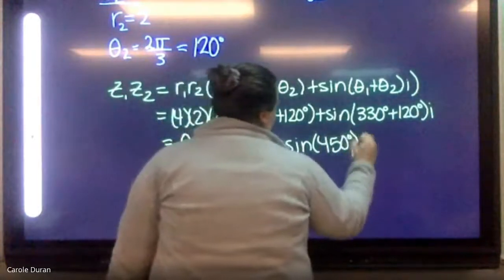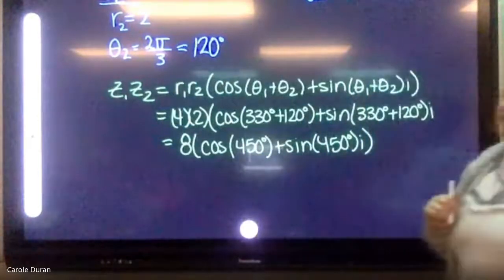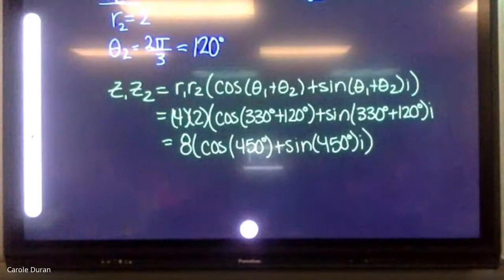You can use dots for multiplication now, because these aren't pointers. Anybody not get 8 cosine 450 plus i sine 450?